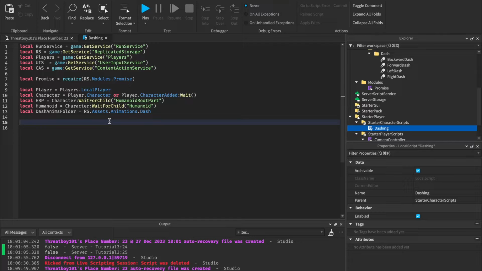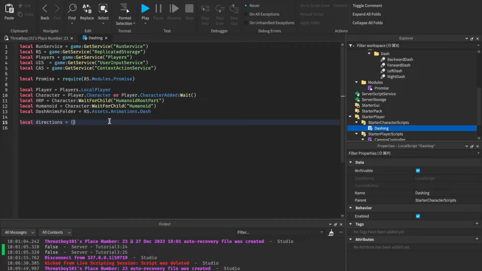So one thing we will need to do is to correspond the directions our character moves in to the animations for shift lock. Because if you recall, I mentioned that for shift lock, we play different animations based on direction, whereas in regular camera mode, we just play the forward animation.